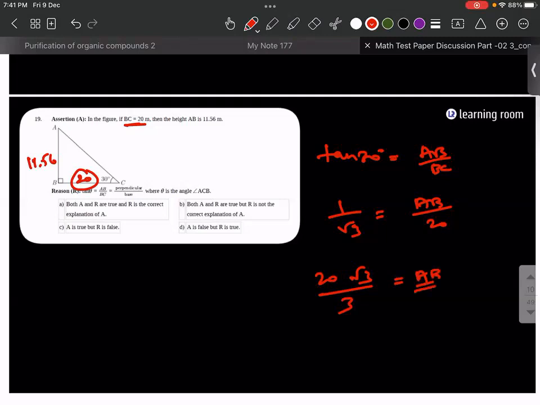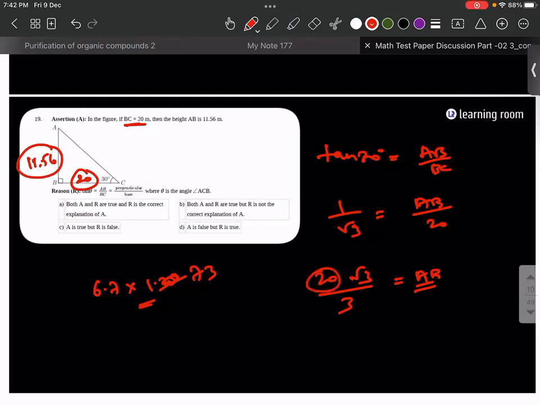So what will you get? 20 by 3 is 6.7 into 1.3 or 1.32. If you multiply, the answer is 12 point something. Is it so? Yes, sir, that's what I got. Using 1.73, it's coming as 11.59, but actually this problem is slightly ambiguous because it depends on where you stop.